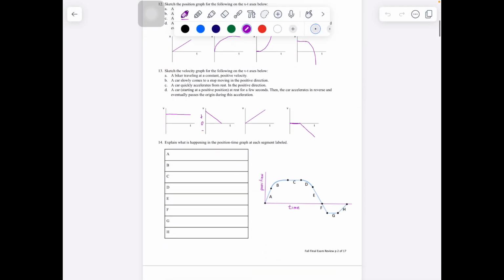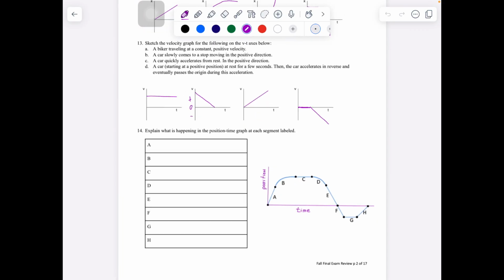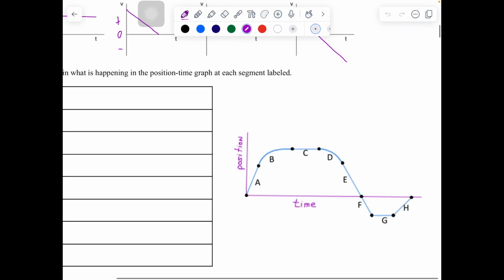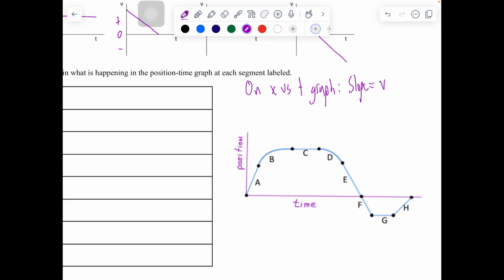Alright, continuing on. Number 14, explain what is happening in the position time graph at each segment label. Well, we'll just talk through it. At A, remember something very, very important: on an x versus t graph, the slope is the velocity.